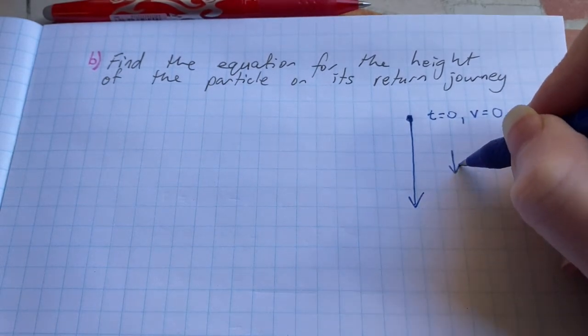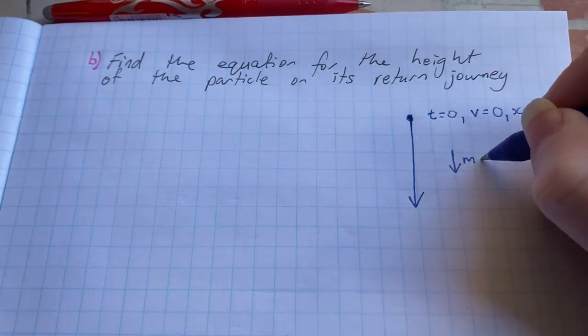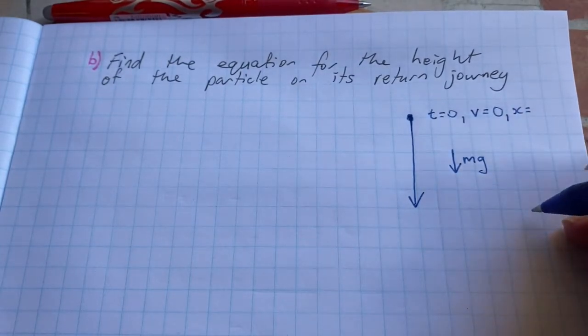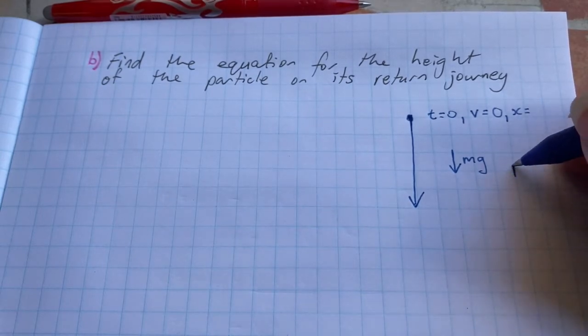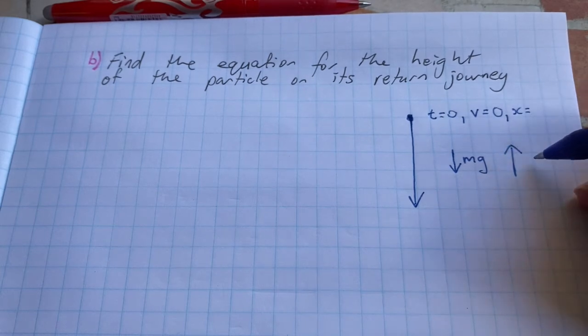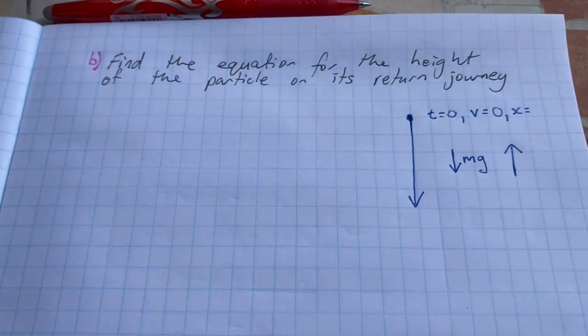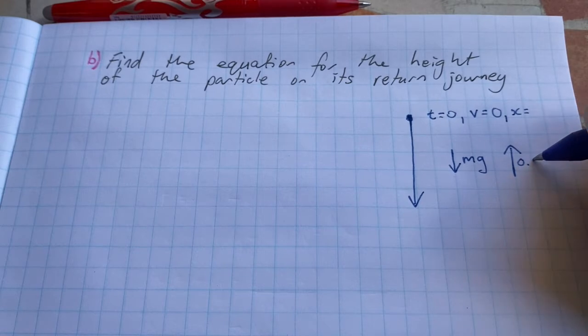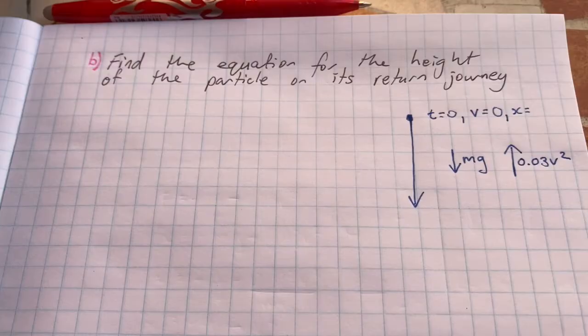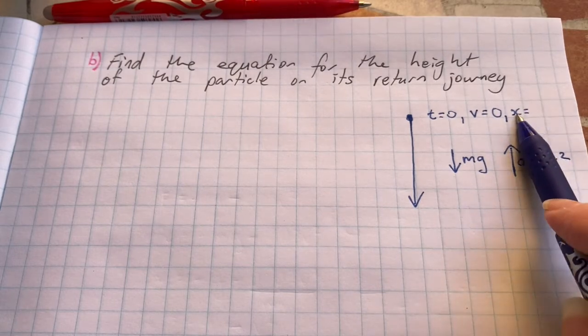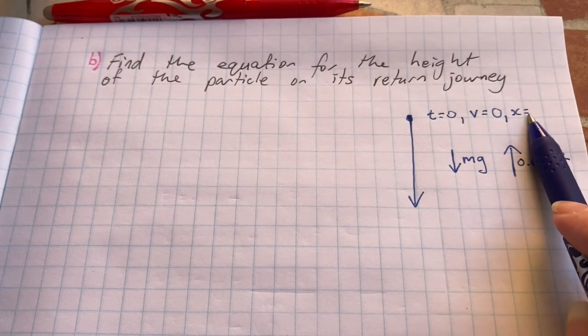So we do still have gravity going downwards. So there's a force of the mass times the gravity going down. Air resistance, remember, goes against the motion. So air resistance this time is going up. And remember, that was 0.03 v squared.